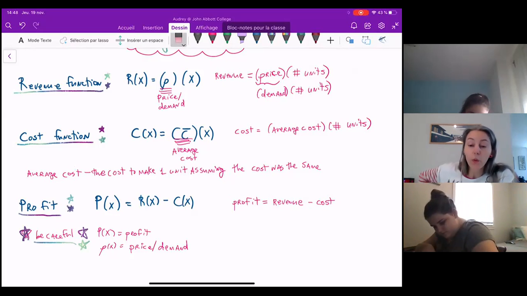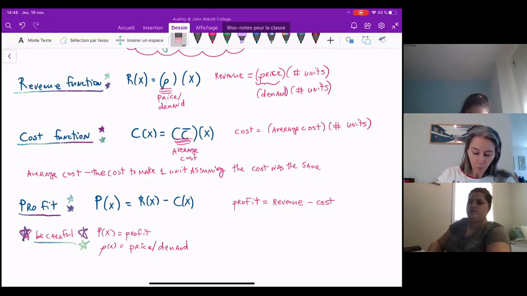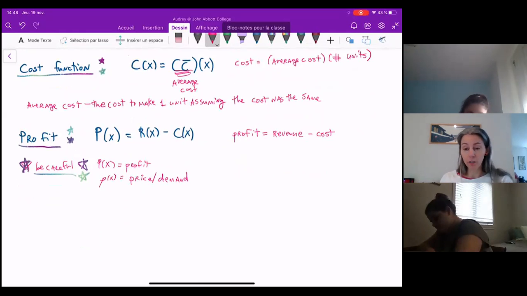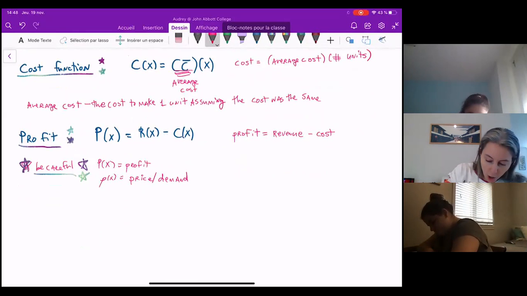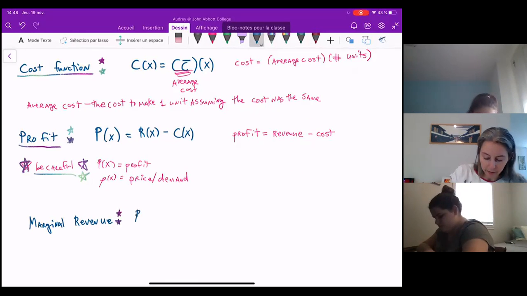Okay, so these three functions, you need to know these three formulas, so you should just memorize them, although hopefully they're pretty logical for you guys. So marginal functions are the derivatives of these economics functions or of these business functions. So marginal revenue would be R prime of x.